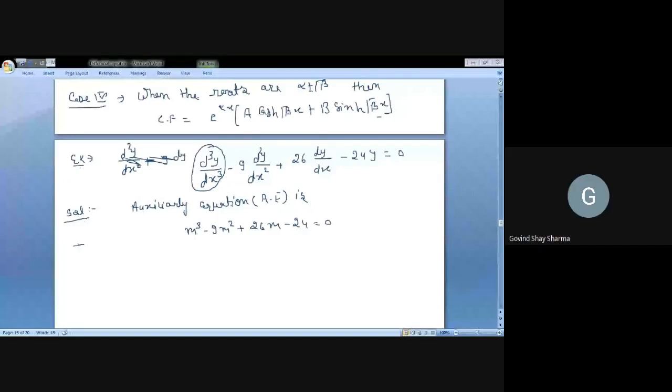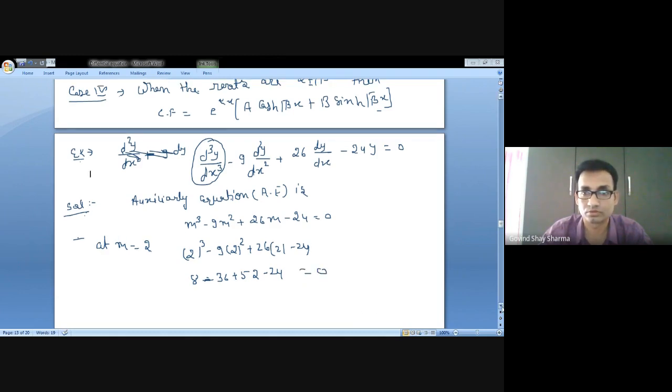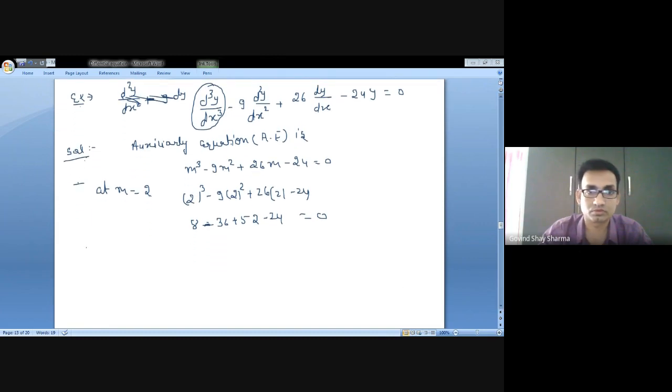Put m equal to 2 and see: 8 minus 36 plus 52 minus 24 is equal to 0. So m minus 2 is a factor.